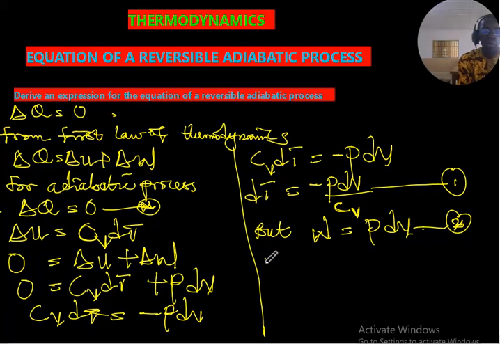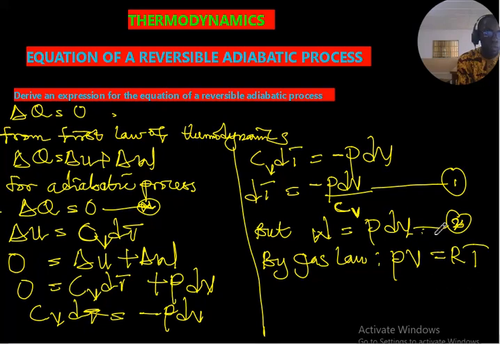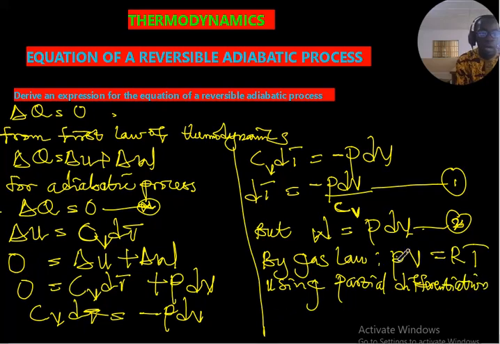So by the gas law, which is the equation of an ideal gas, when you are considering 1 mole, PV equals RT. If I differentiate this using partial differentiation, I'll differentiate P with respect to V, and V with respect to P on the left hand side.